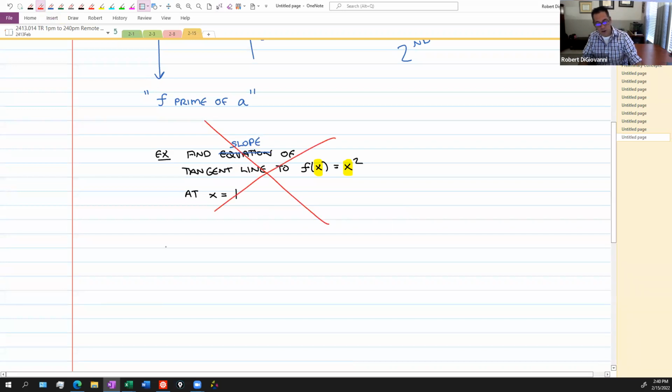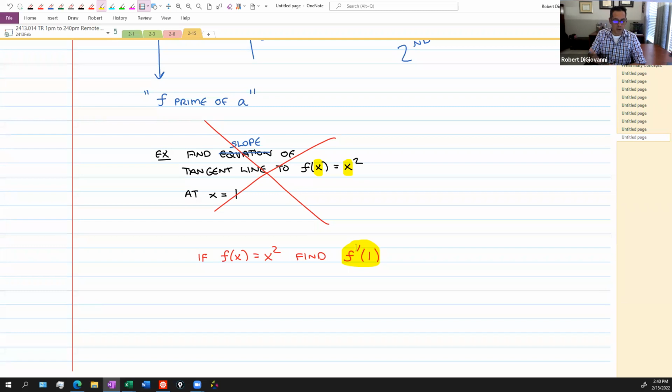Instead of writing all that, I just write: if f of x equals x squared, find f prime of 1. That notation means go find me the slope of the tangent line at x equals 1.